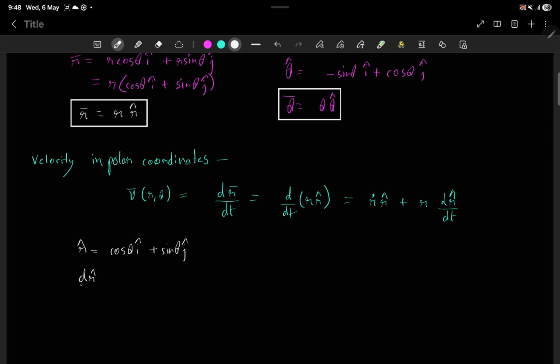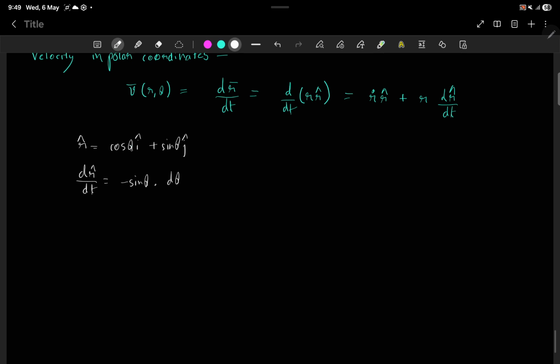So dr cap by dt equals, first of all, theta is also a variable, so I will differentiate with respect to theta. Cos theta gives minus sin theta into d theta. As per the product rule of differentiation, we first differentiate with respect to theta and then theta with respect to time.